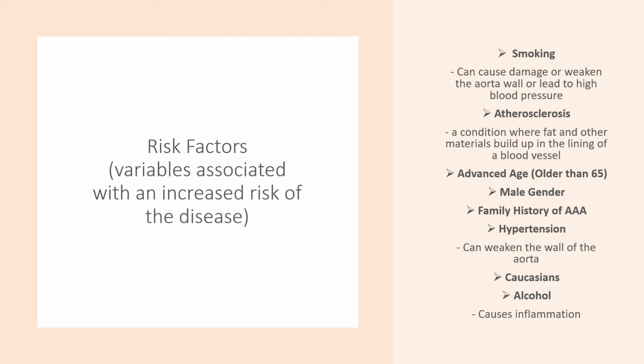Atherosclerosis is a condition where fat and other materials build up in the lining of a blood vessel, as mentioned before. Advanced age, older than 65, the male gender, and family history of AAA. Having a family history of abdominal aortic aneurysm increases the risk of having the condition. Hypertension can weaken the wall of the aorta. Caucasians tend to have it more. Alcohol causes inflammation.